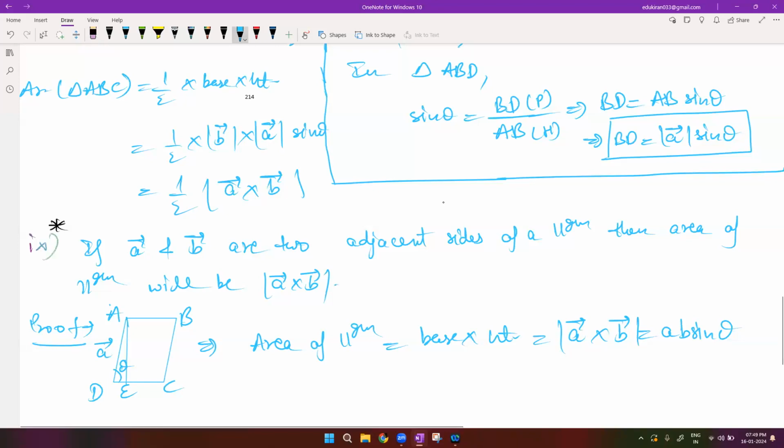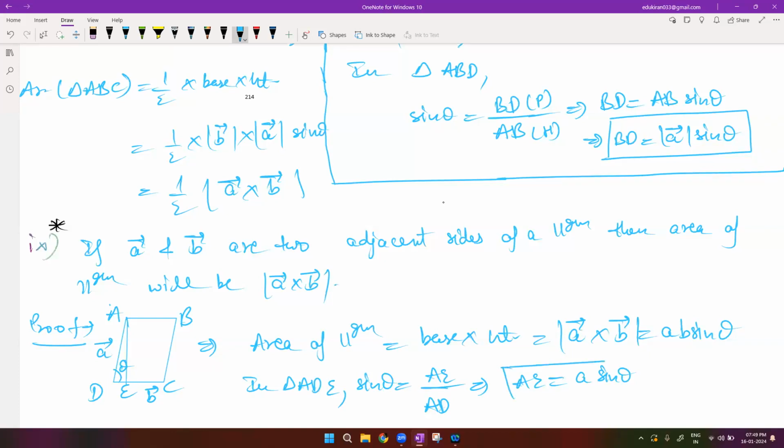And the length of AE, if you find out, in triangle ADE, your sine theta would be perpendicular upon hypotenuse. Perpendicular is AE. Hypotenuse is AD. So from here you can find out that AE is nothing but A sine theta, which is written here.